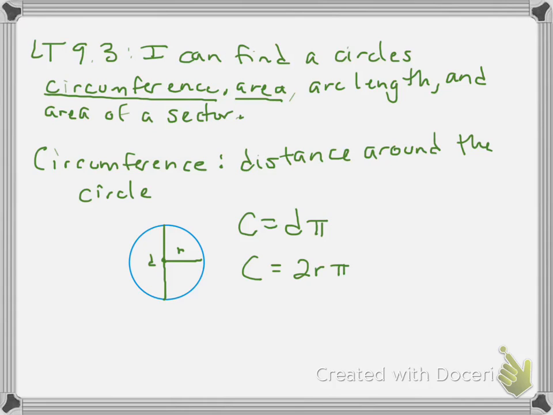Tomorrow when I'm back, we're going to talk about what pi actually is, and how it was created and figured out. But for now, you just need to know that pi is approximately 3.14. And in the calculator, there's a pi button, and you're free to use that. But you can also just type in 3.14, and you're going to get close enough for what we need to do, okay?